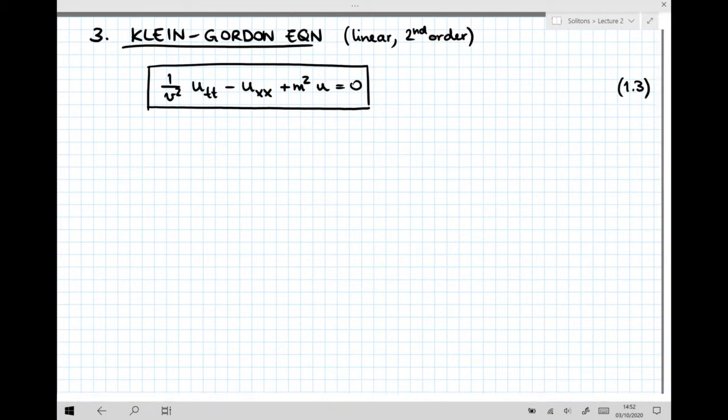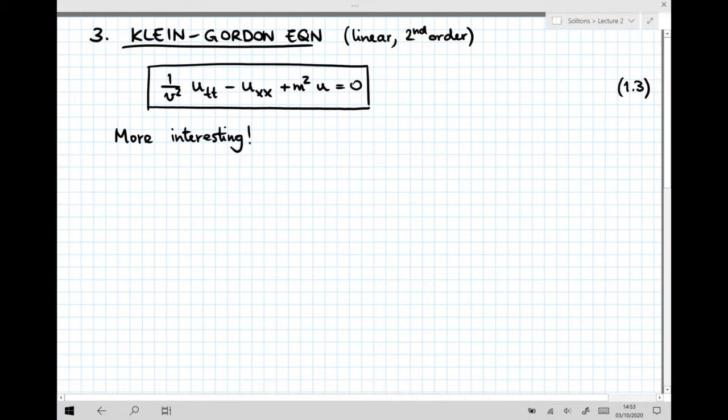But this equation written by Klein and Gordon is actually useful to describe elementary particles without spin and with mass m, for instance, the Higgs boson. Anyway, we're not really interested in the origin of this equation. So let's just try and study the general solutions of the Klein-Gordon equation. We'll see in a few minutes that this equation is much more interesting from our perspective.